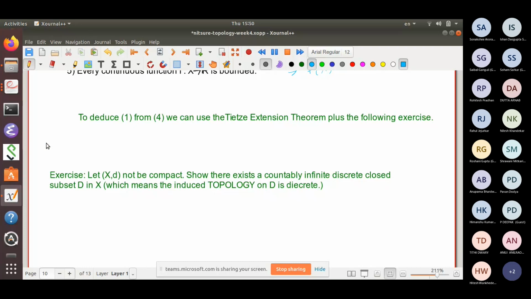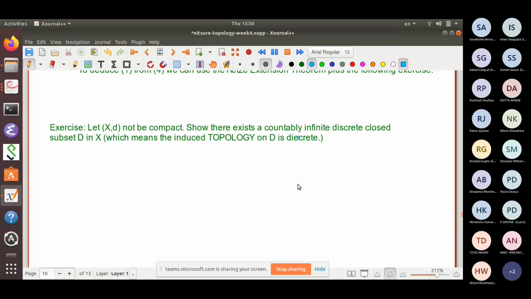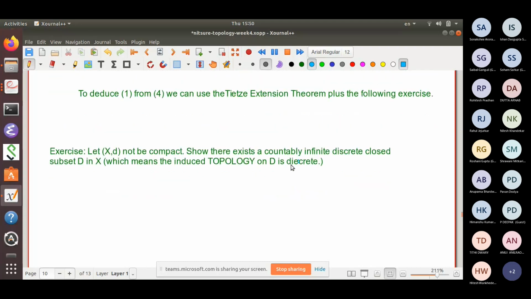Then is it discrete? Yes or no? So this is the question I'm asking you.